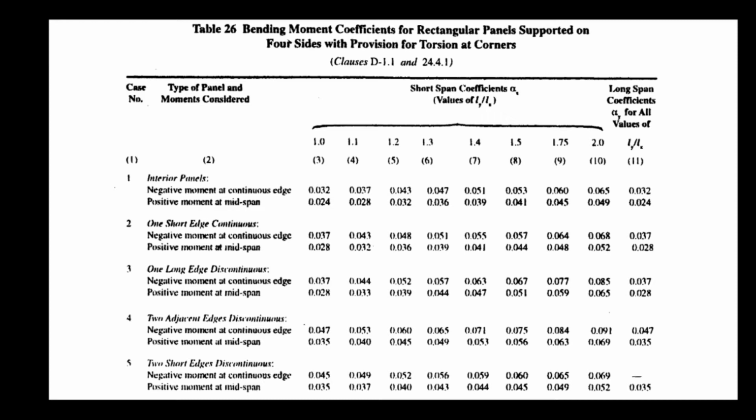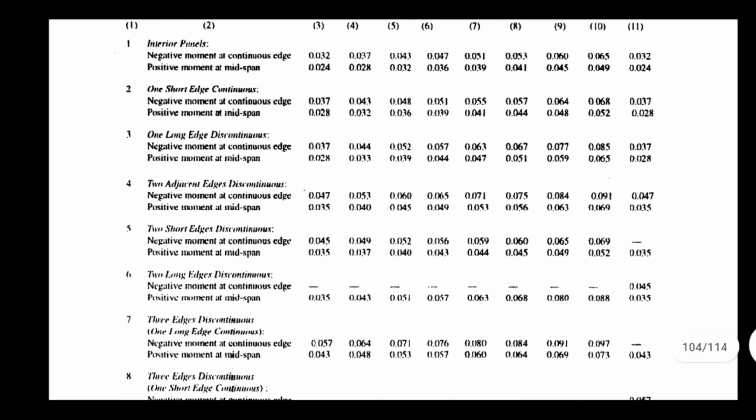The Ly by Lx value is not the criteria for this, only support condition is the criteria. So these values are given for these support conditions.